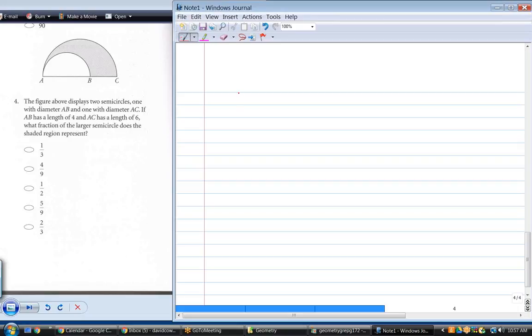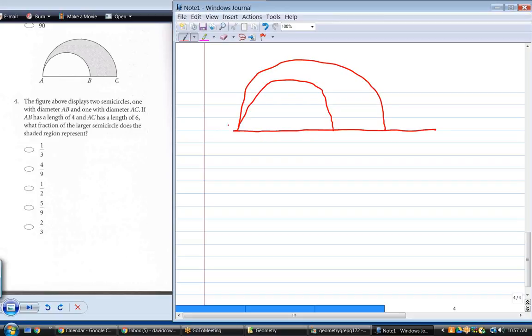Let me draw this. There's one semicircle. There is another semicircle. And they're saying that AB is 4 and AC is 6.